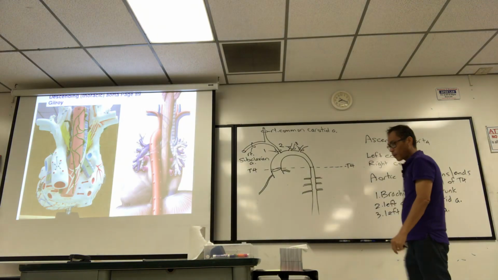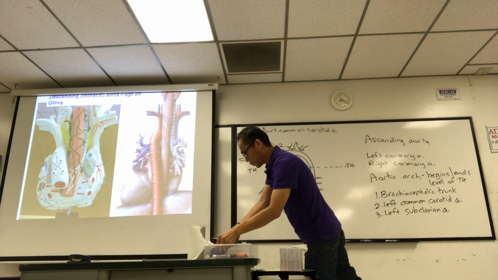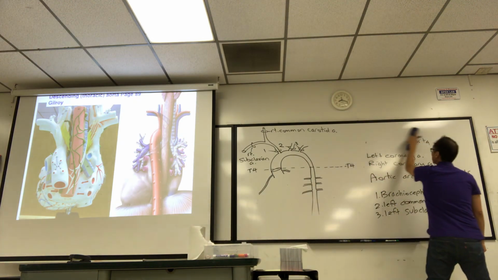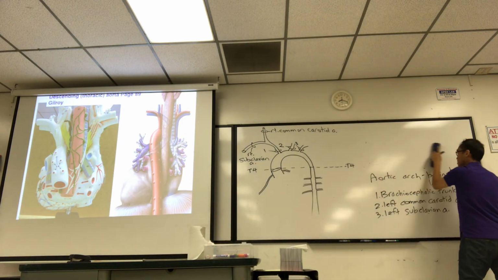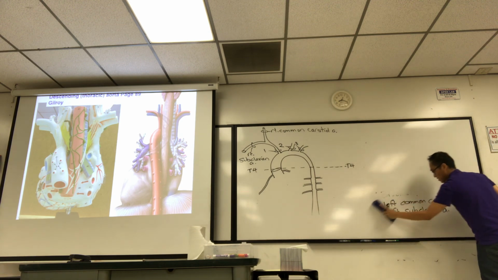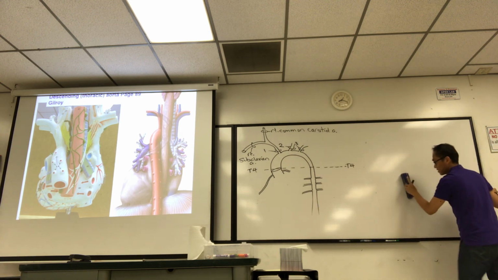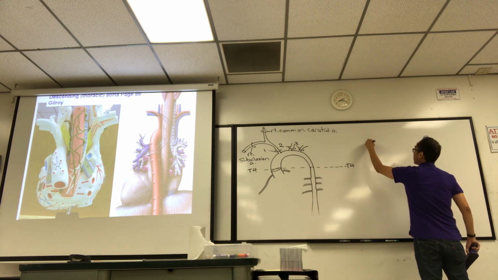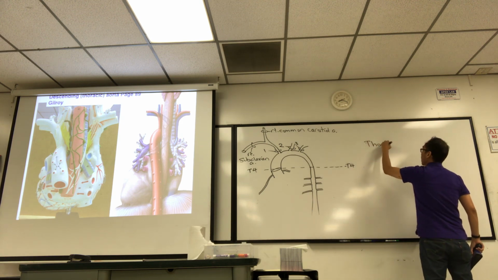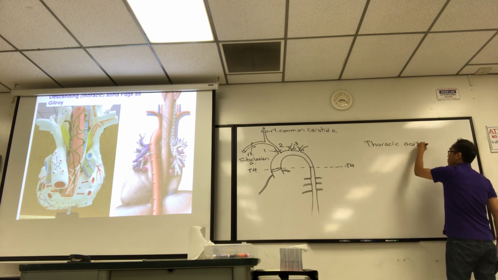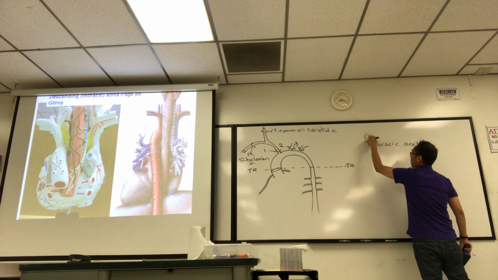So the thoracic aorta, the branches are the posterior intercostal arteries. You can also call it the descending aorta.